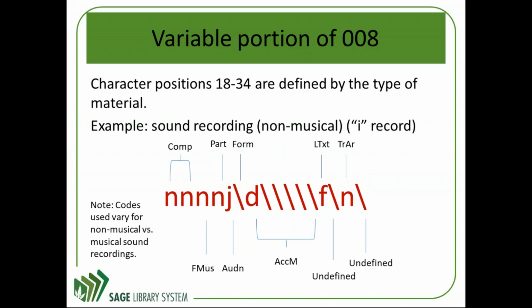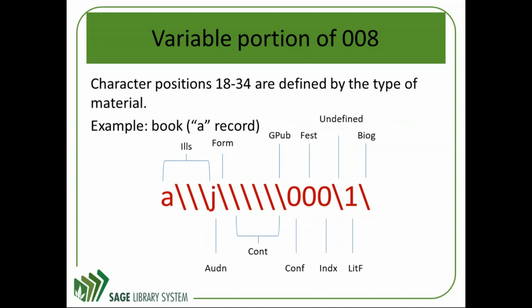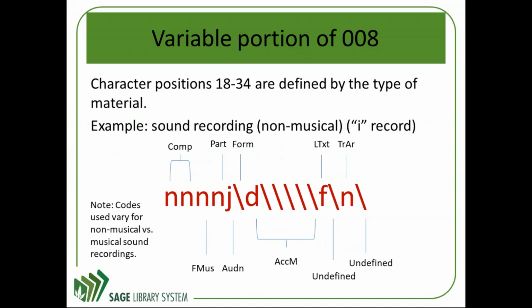In this case, you'll notice that what's being recorded in this section is very different, whereas we started out with the book listing whether there were any illustrations. For the sound recording, it starts out with the form of the composition, positions 18 and 19.